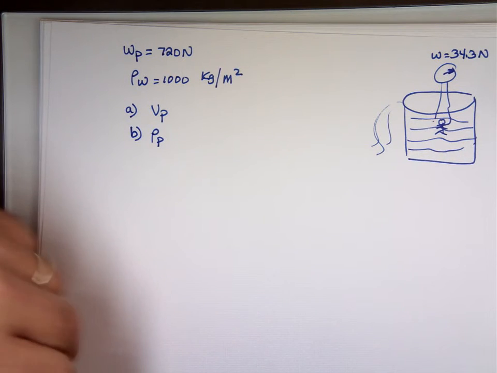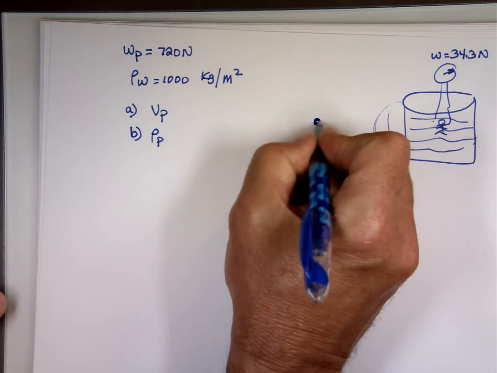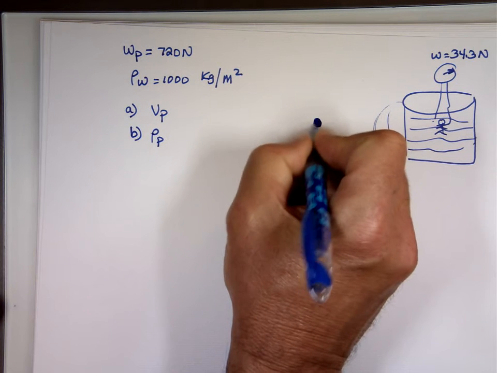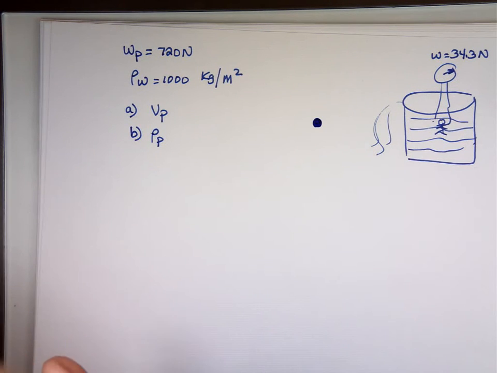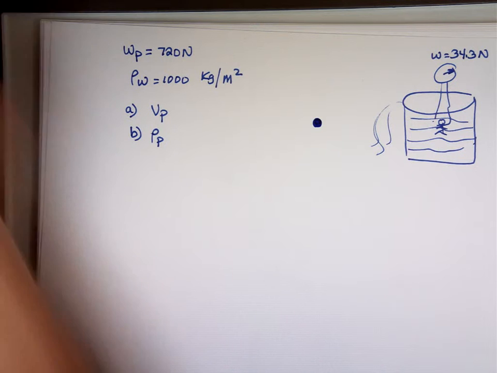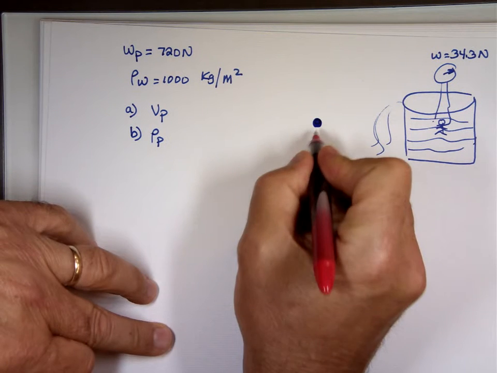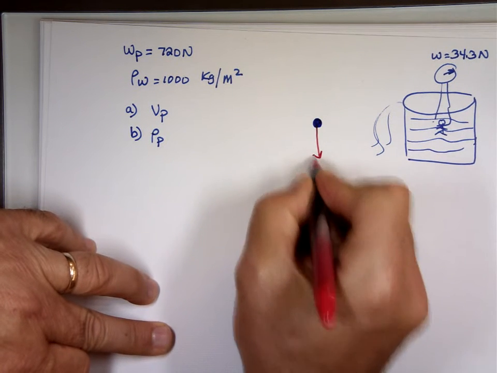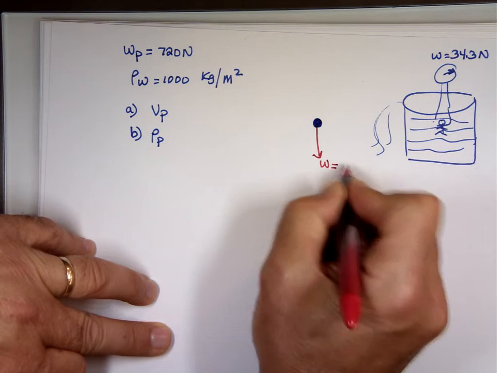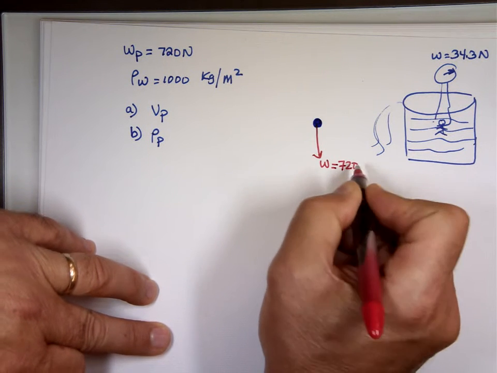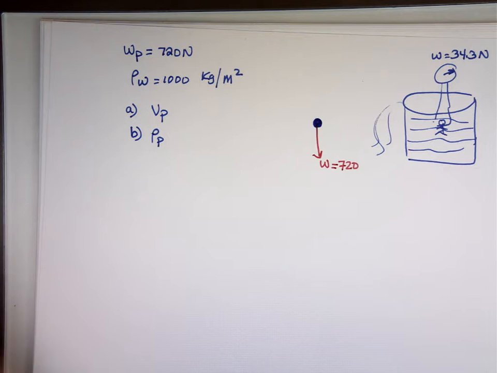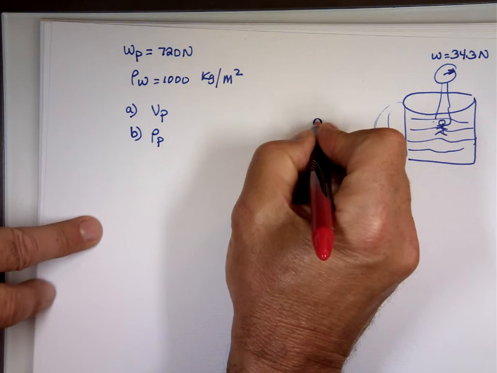Now, if we do a free body diagram, this is you, that little dot represents you. What are the forces on you? We get your weight down, which is what? 720. We get the scale pulling up on you, and that's called the apparent weight.